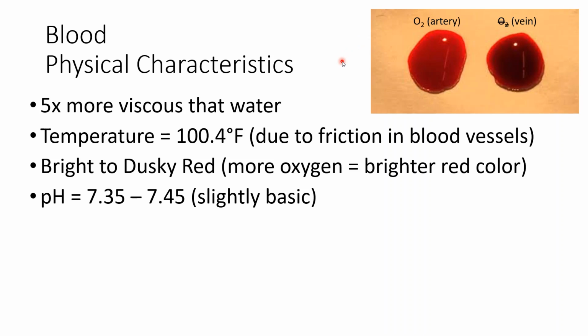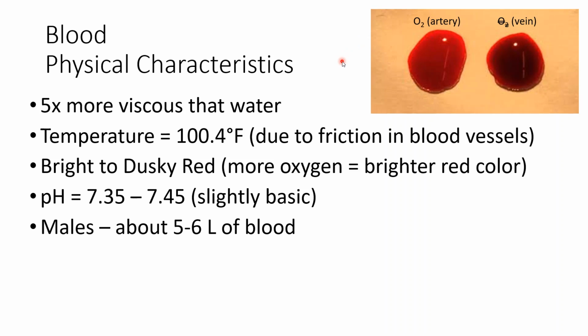Keep in mind on your pH scale, this is going to result in slightly basic or alkaline. Remember, your acids on your pH scale go from 0 to 7. 7 is neutral, and then 7 to 14 is basic or alkaline. And your pH of blood is going to be slightly basic or alkaline.